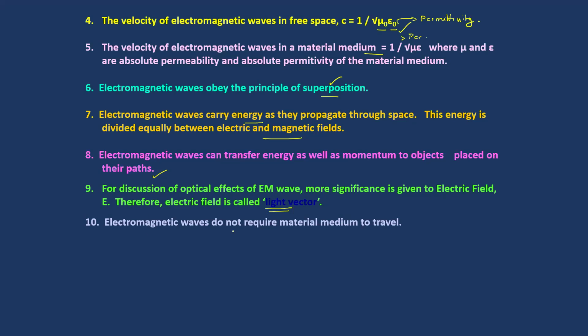And the tenth property is about the medium of travel. Electromagnetic waves do not need any material medium to travel. And the eleventh property is about the charge. An oscillating charge, which has non-zero acceleration, can produce an electromagnetic wave.